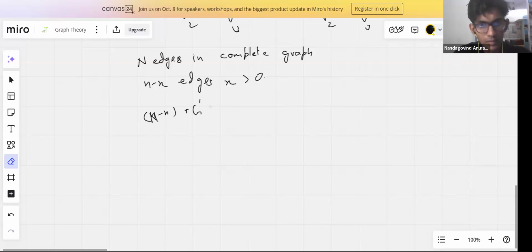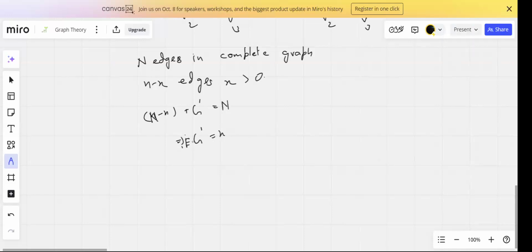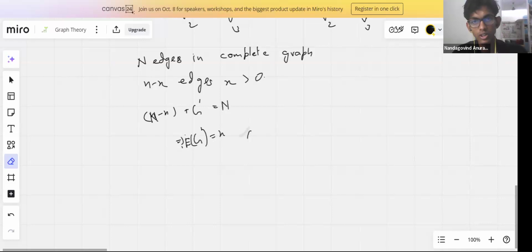Good. So you have G complement is equal to x, a positive integer, so it will be connected. That doesn't work. Because what you're claiming is that if a graph has a positive number of edges, then it's a connected graph.